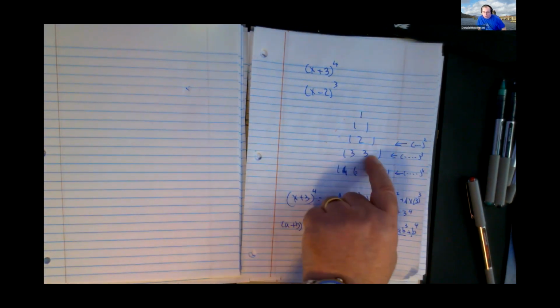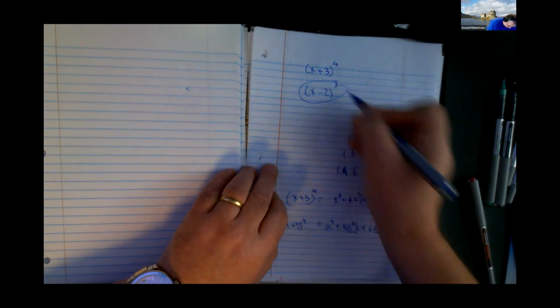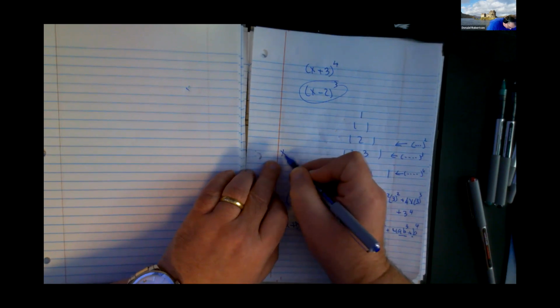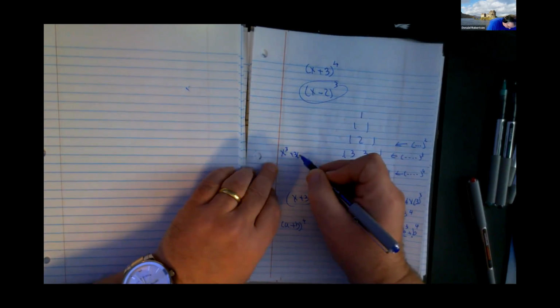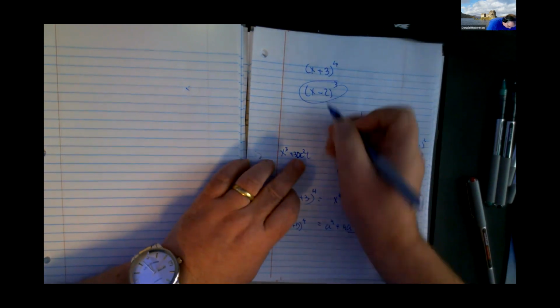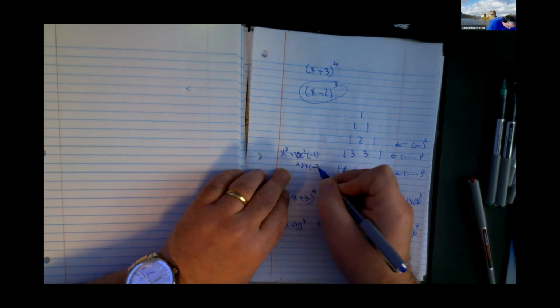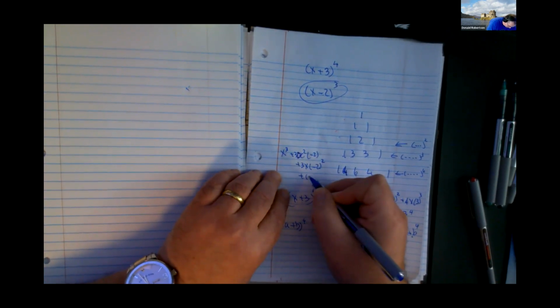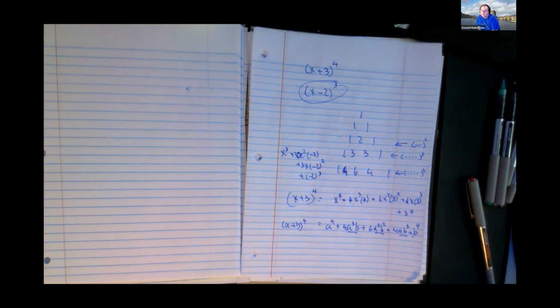So if you're doing the cube one, it would be x cubed plus 3x squared plus 3x plus 1, with each term using powers of the two parts. And that's what you would get if you tidied that up.